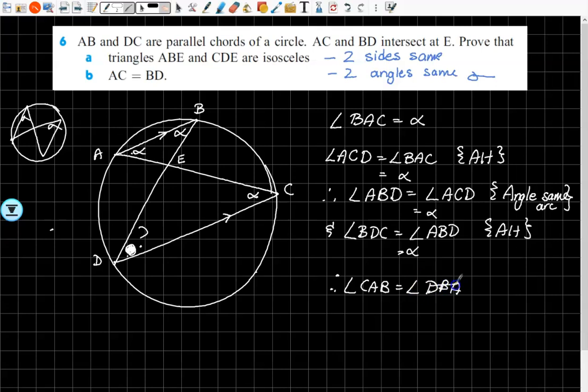Oops, I didn't call it DBA, I called it ABD. That gives triangle ABE isosceles, and you can do the same for that triangle at the bottom. So we're happy we've proved that they're isosceles.